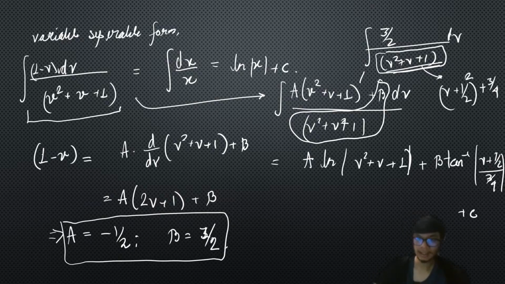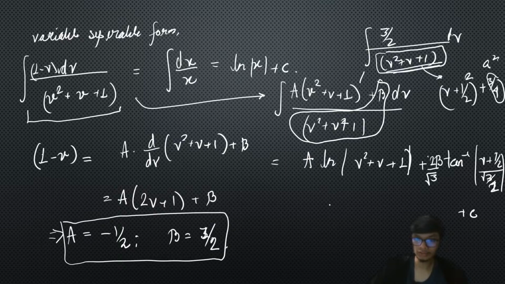Is it okay? And don't forget that we also have to keep the 1 upon a term. So what is the a term over here? The a term is basically root 3 by 2 because it is a square, and then 1 upon a will be equal to 2 upon root 3. Is it clear to you?